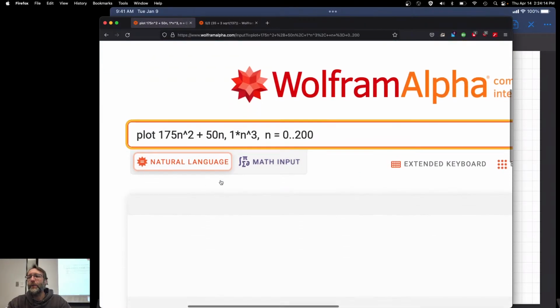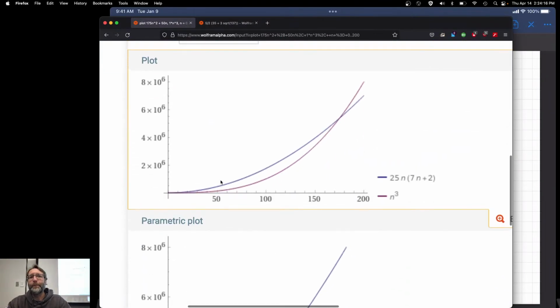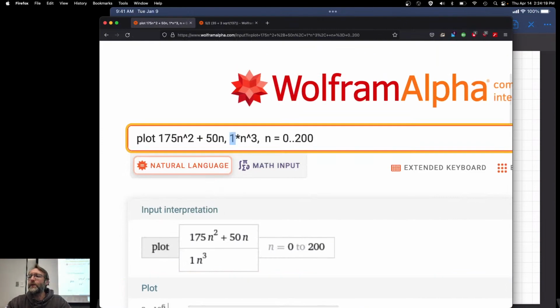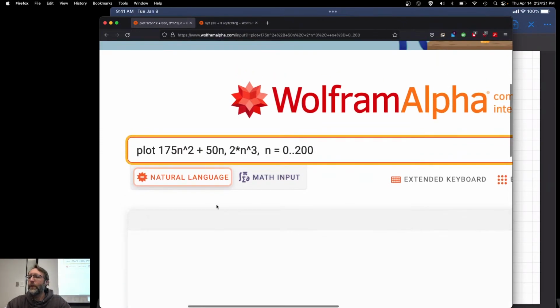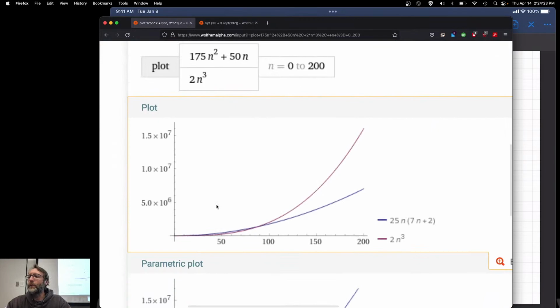Then you would have exactly what we had before. What if I increased C to 2? That changes the crossover point. Why? Because it made it a little bit steeper, a little bit steeper. I'm going to make it steep enough that this crossover point, which already jumped all the way over here, moves so that it jumps over here.